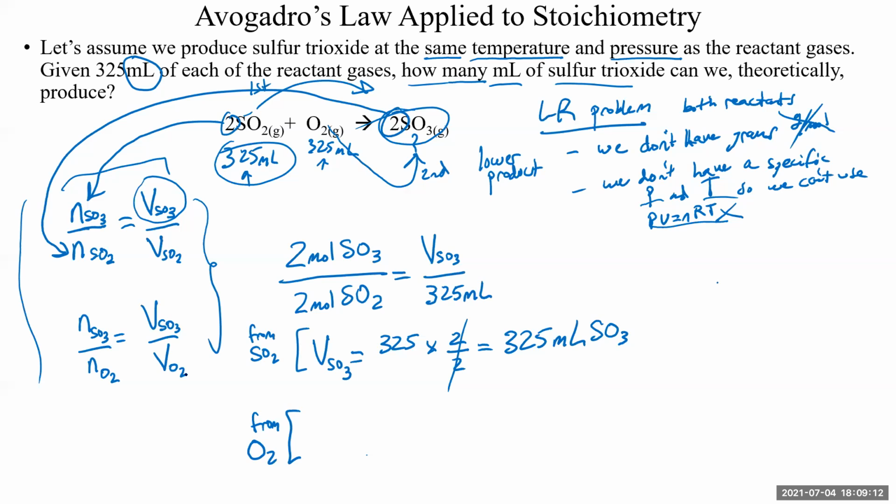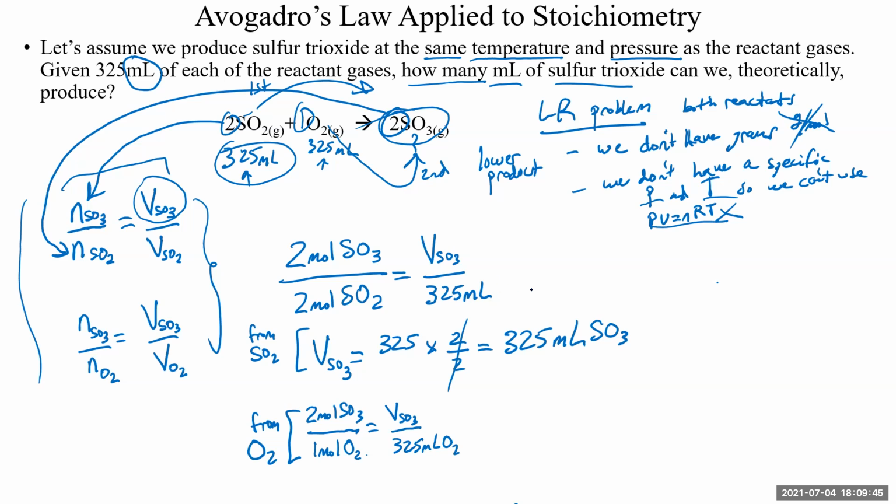So we have moles of sulfur trioxide. That's going to be 2 moles of sulfur trioxide over, now the stoichiometric coefficient here is 1 mole. The chemical equation is telling us what the mole ratio ought to be. It's 2 moles to 1 mole, sulfur trioxide to oxygen. And we set that equal to the volume of sulfur trioxide, which we're trying to figure out, to 325 milliliters of oxygen.